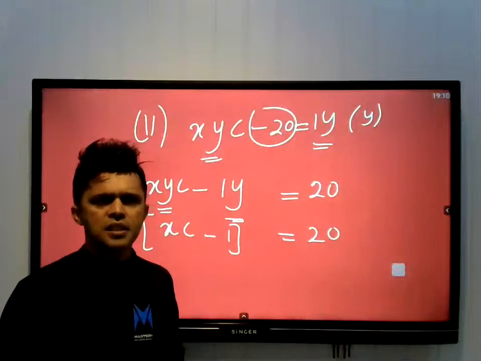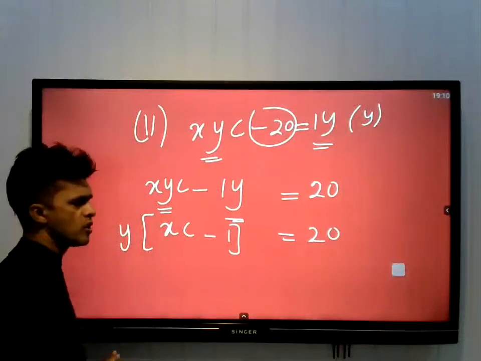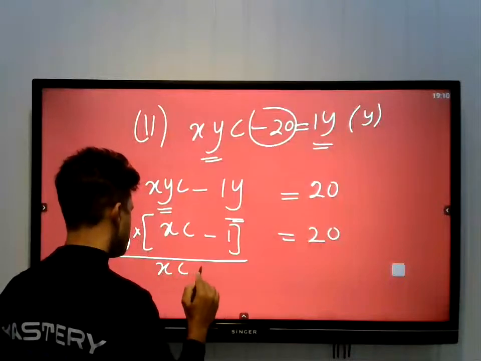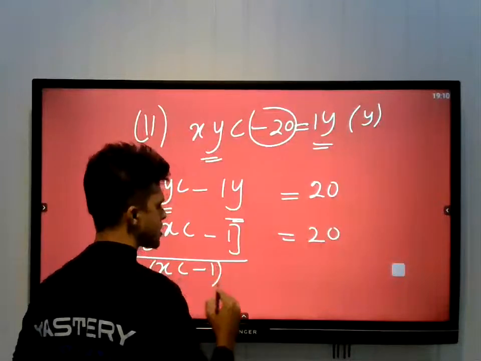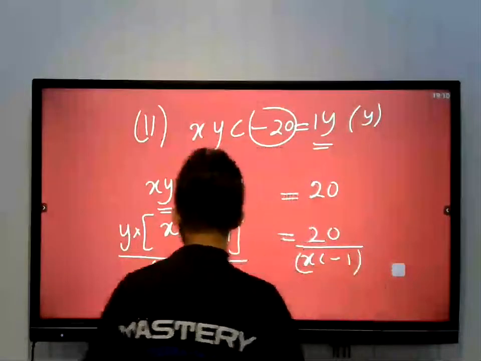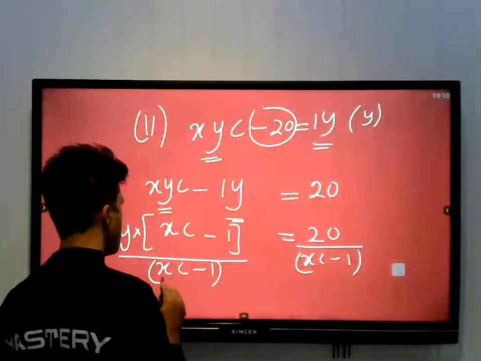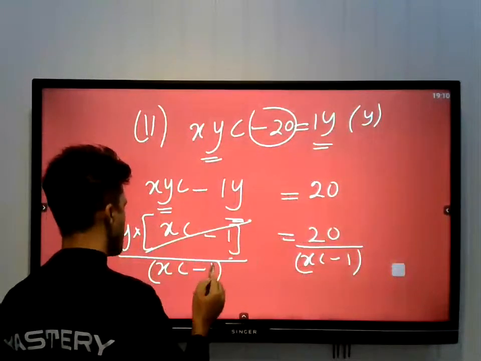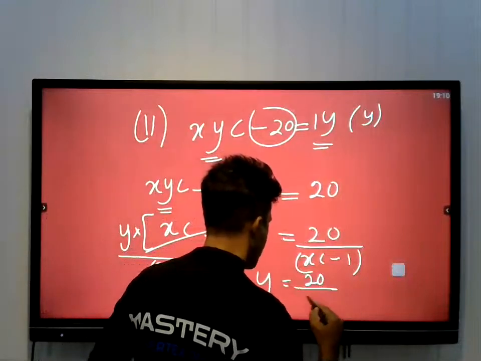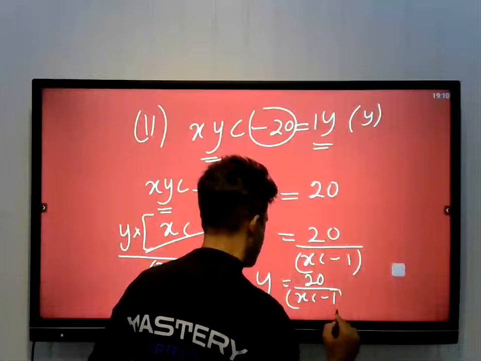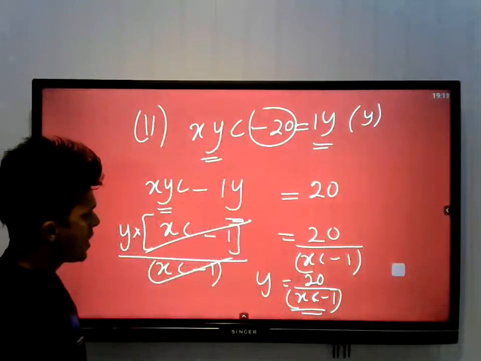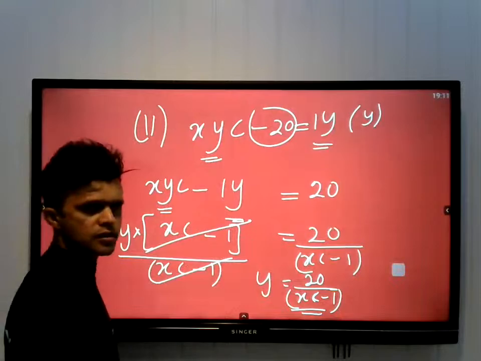Here multiplication, both sides can be divided by xc minus 1. Now this xc minus 1 and xc minus 1 can be cancelled out. So the answer is y equals to 20 over xc minus 1.